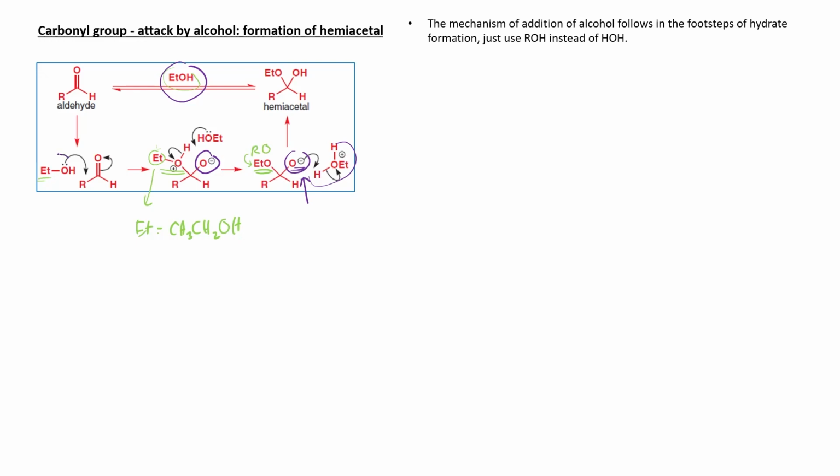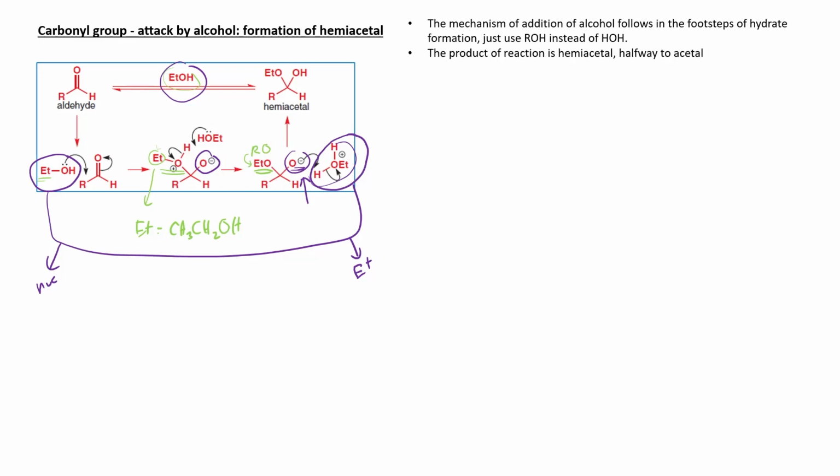So these two ethanols here, this one behaves like the nucleophile, this one behaves like the electrophile, same as water, which can behave like an electrophile and like a nucleophile. So the product of the reaction is hemiacetal.